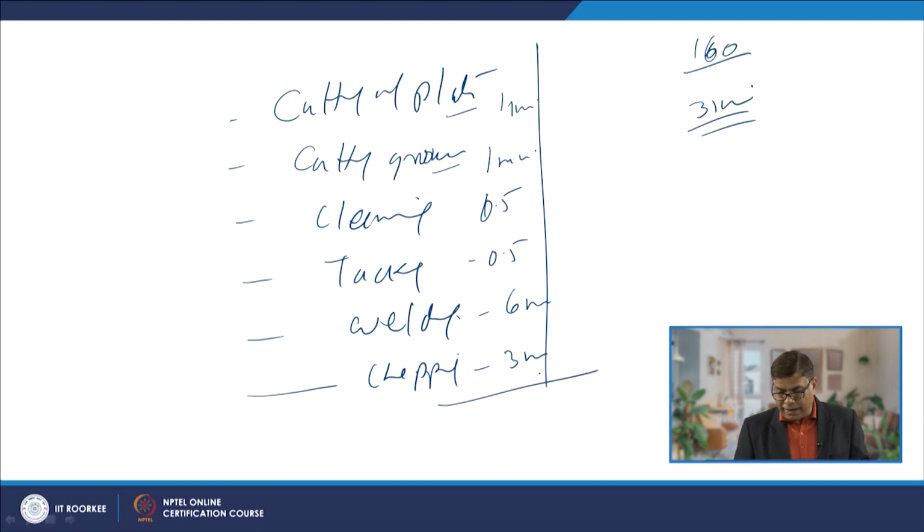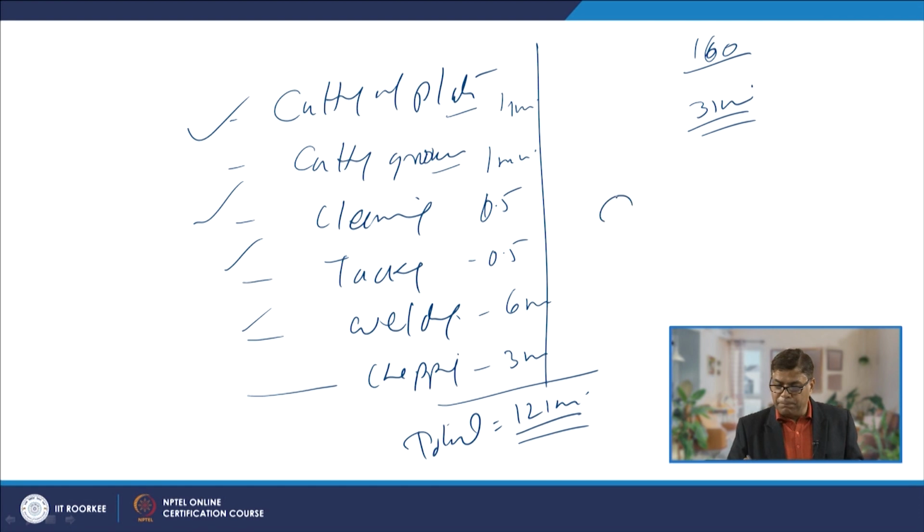To produce a weld joint we are required to complete all these steps, but they take different times, and the total time required is 12 minutes.